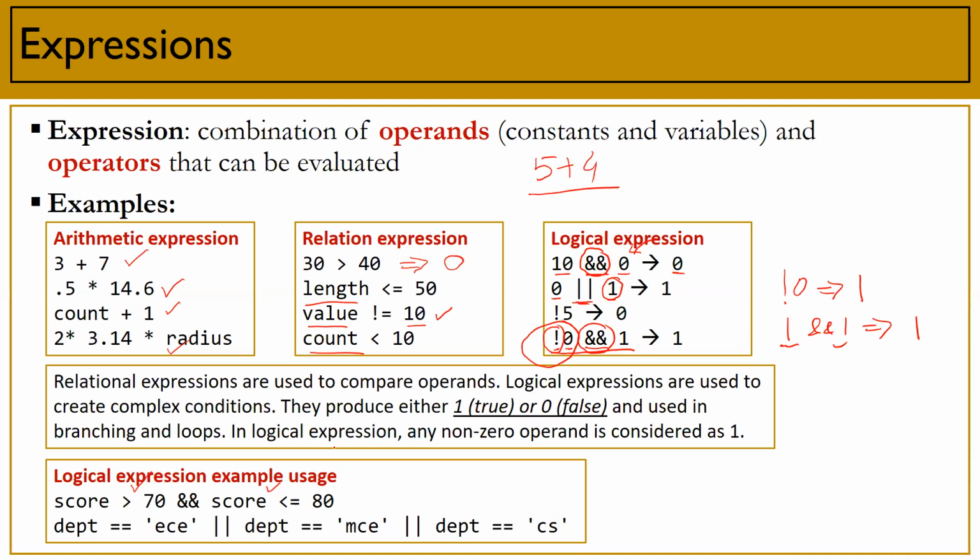Then this output will give you 1. But let's say score is 90. 90 is greater than 70, which is true, so it will be 1. But 90 is not smaller than or equal to 80, which is false. So 1 and false will give you 0, right? The same thing you can apply for other examples.